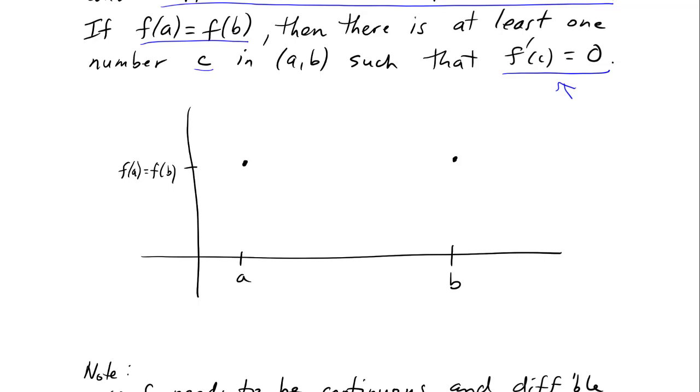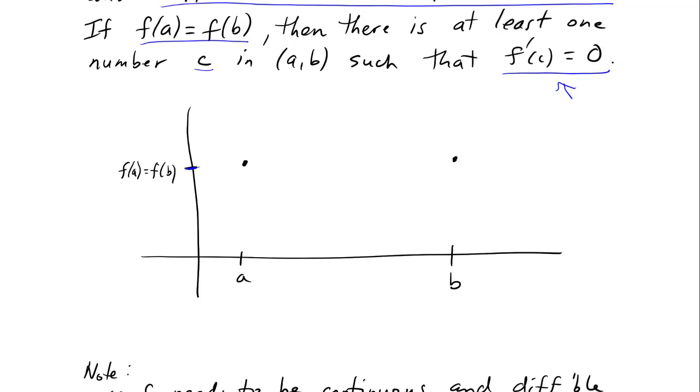So here we have points A and B, and their values, f of a and f of b, which are at the same level. So f of a equals f of b. What we're trying to say is, under the given conditions, that somewhere the derivative has to be 0.